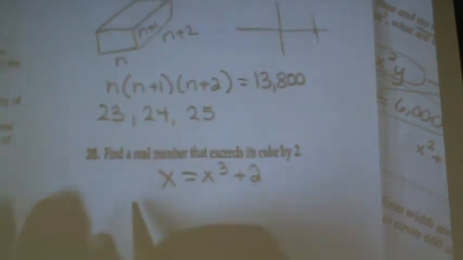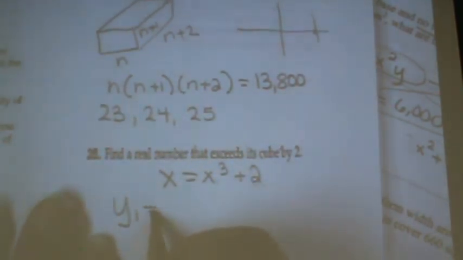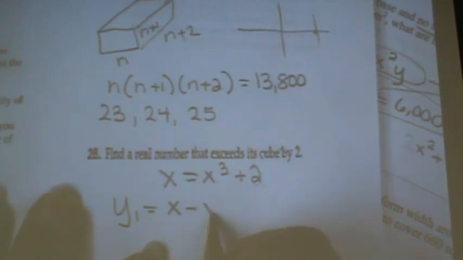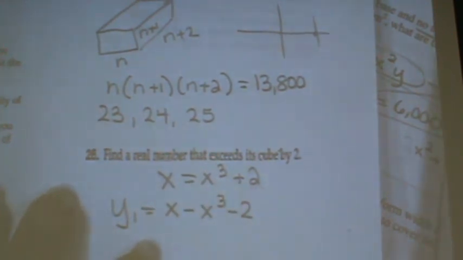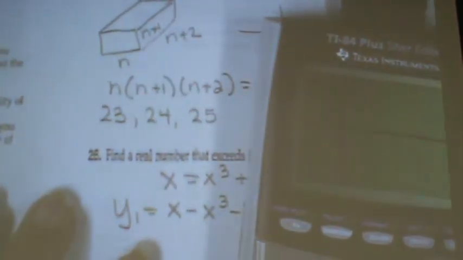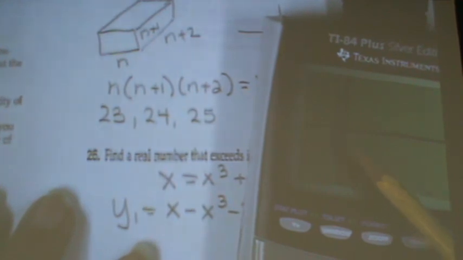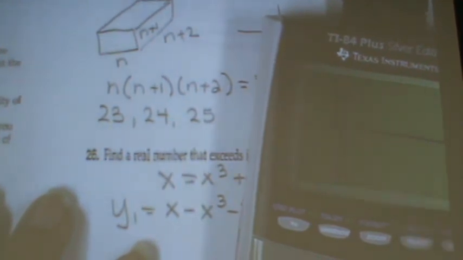Now type this in your calculator, go to y1, and type x minus x cubed minus 2. Hit graph, and that's the actual number. It's a real number. Hit second, calc, 0.